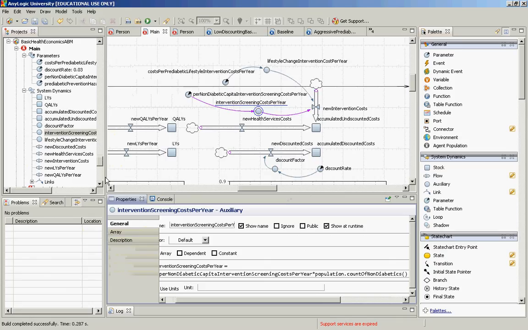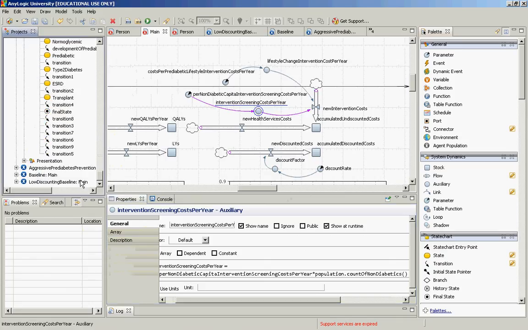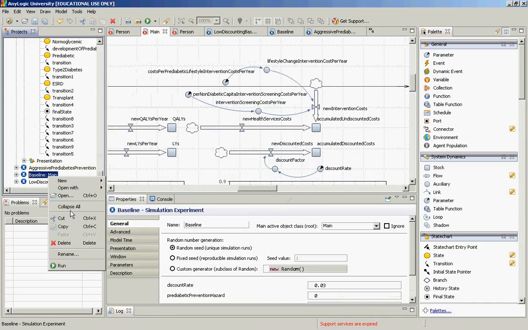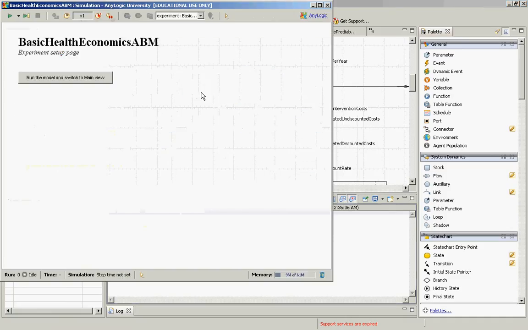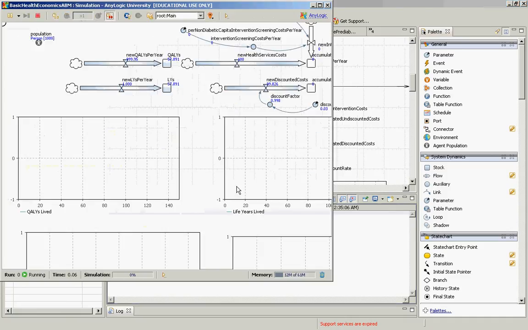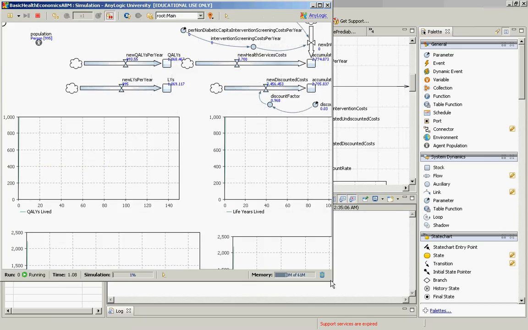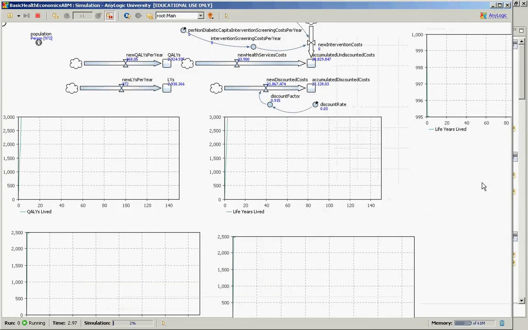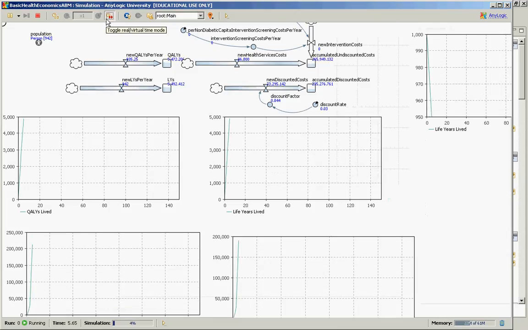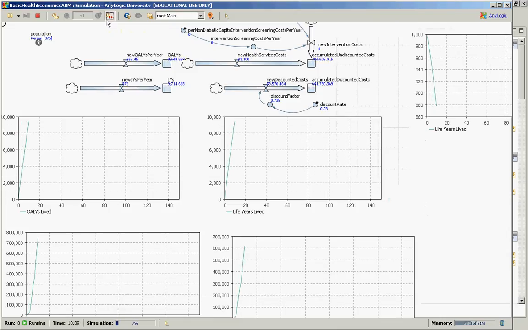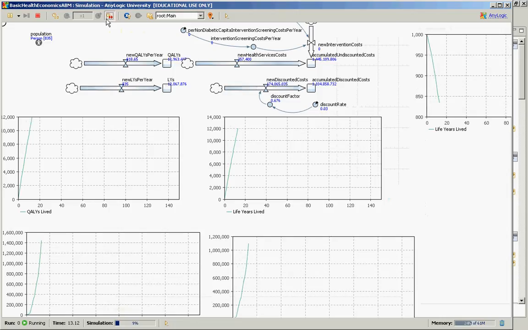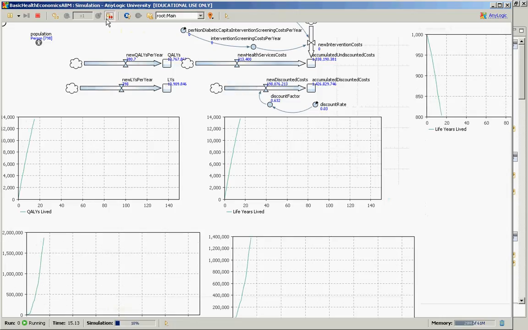So let's go look. Well, the baseline is the same as ever. We haven't changed anything in the baseline. These costs aren't borne for the baseline, the intervention costs. We haven't changed those other costs exerted through the healthcare system. So what gives here? There's going to be actually no change. So if we look, we'll see the same basic numbers we did earlier.